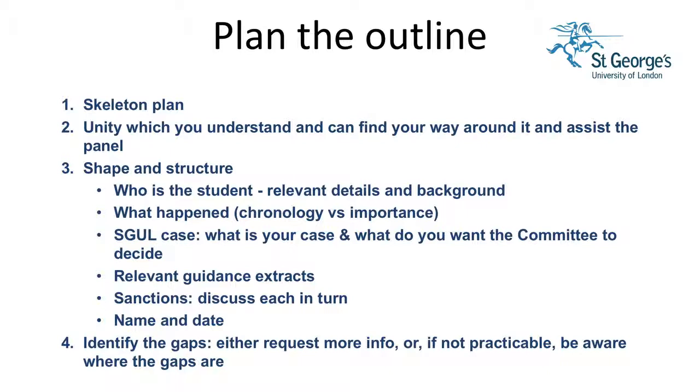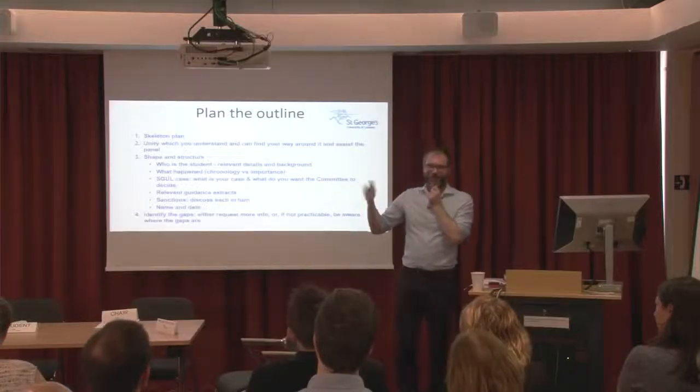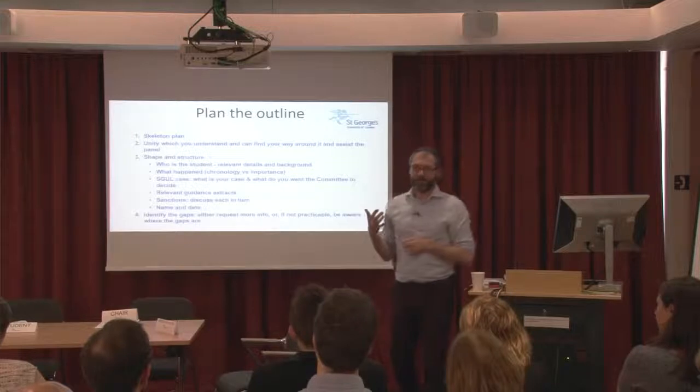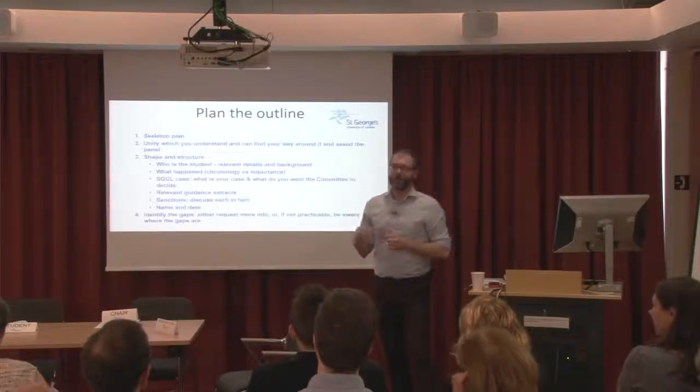What is SGUL's case? This is where you begin to think about where you're going to be. The investigating officer is not going to help you with that, because they only say it needs to progress to the formal hearing. Of course the final decision is made by the committee, but you are the person who suggests to the committee what outcome you would like to get.